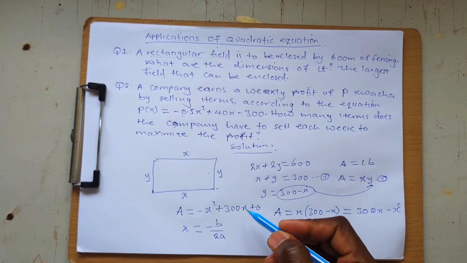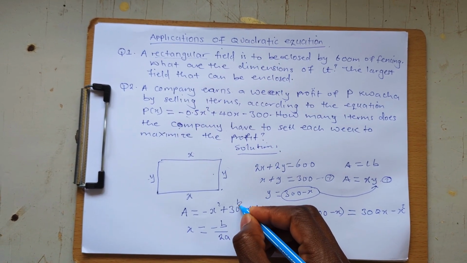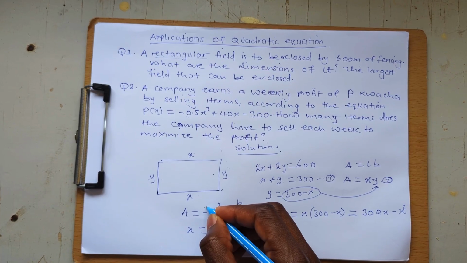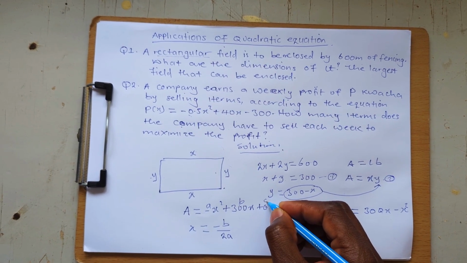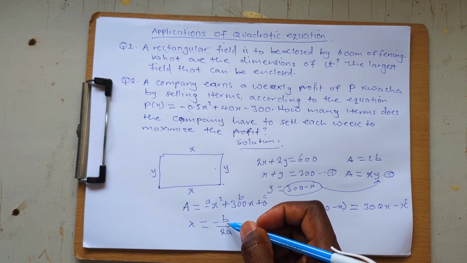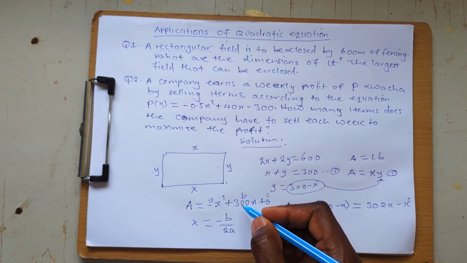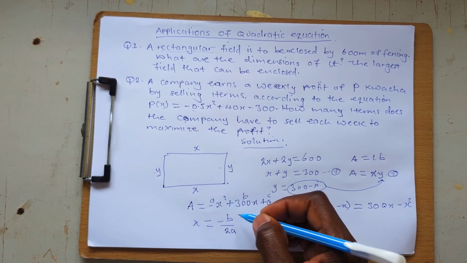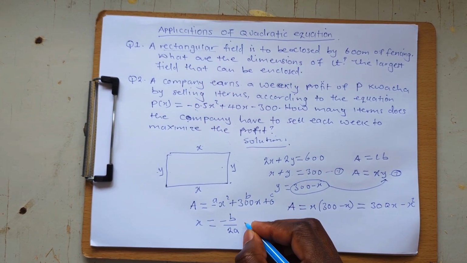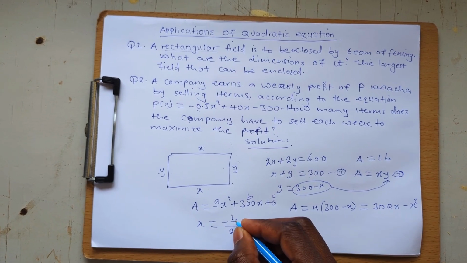All right, so from here, this is our b. Our a in this case is -1. Our c is that. But since we are dealing with negative b and a only, we'll just have -1 and b. Of course, that will give us our dimensions.